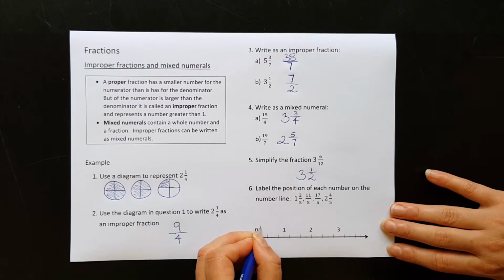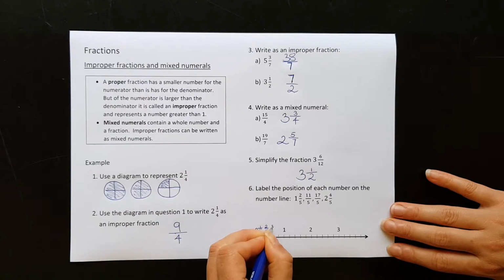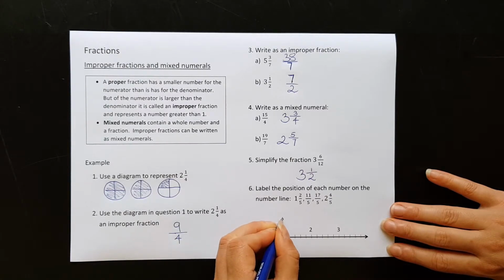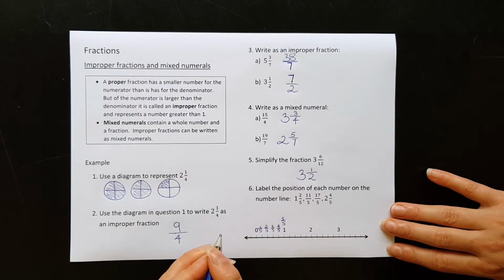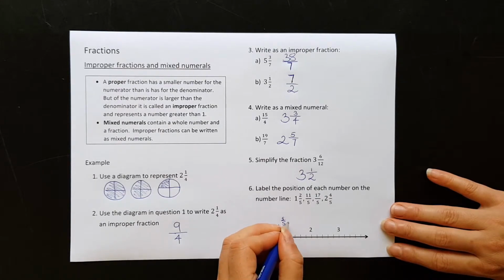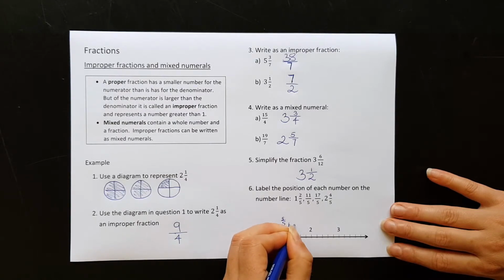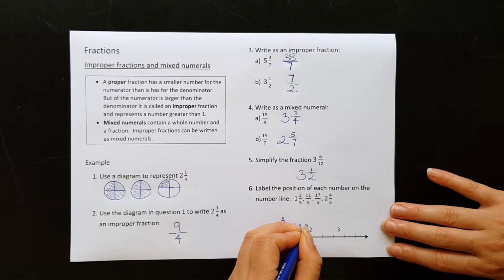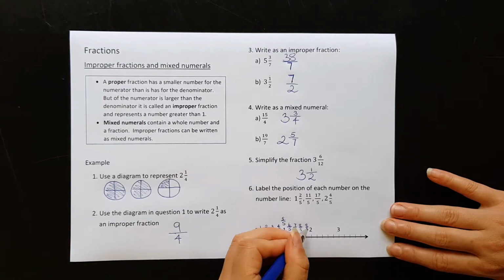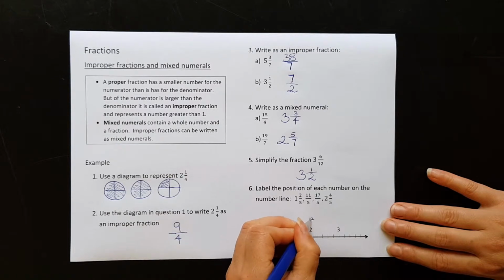So we have 1/5, 2/5, 3/5, 4/5, and 1 is 5/5. Okay, we can keep counting from there. 6/5, 7/5, 8/5, 9/5, 10/5, because 10 divided by 5 is 2.